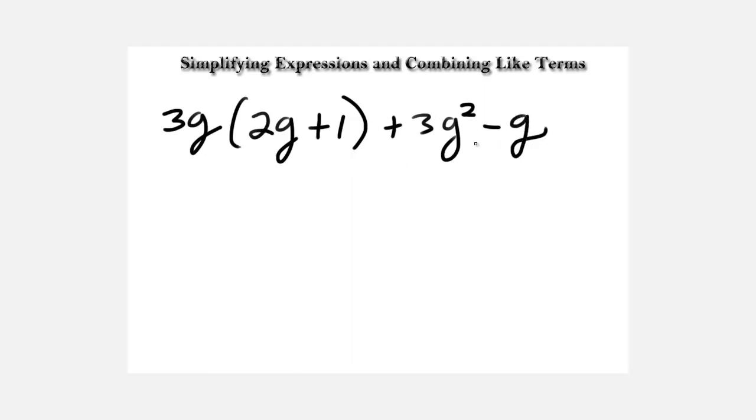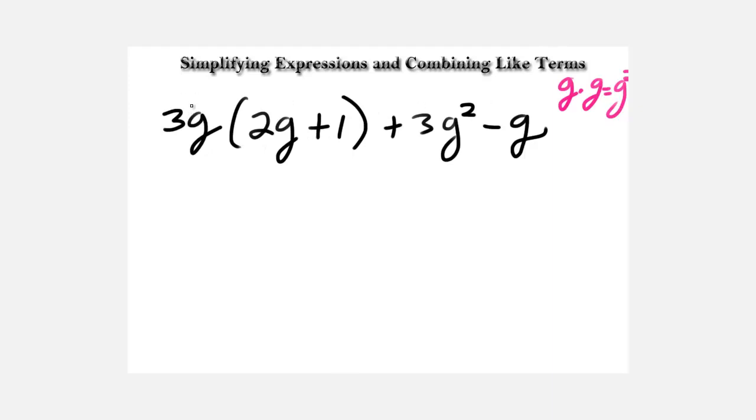Right? So the only thing that you have to watch out for is you have this 3g times another g. Just to keep in mind, if you have a g times another g, it's just g squared. Right? We're only going to look at g squared for right now. We're not going to go to anything higher than squared.